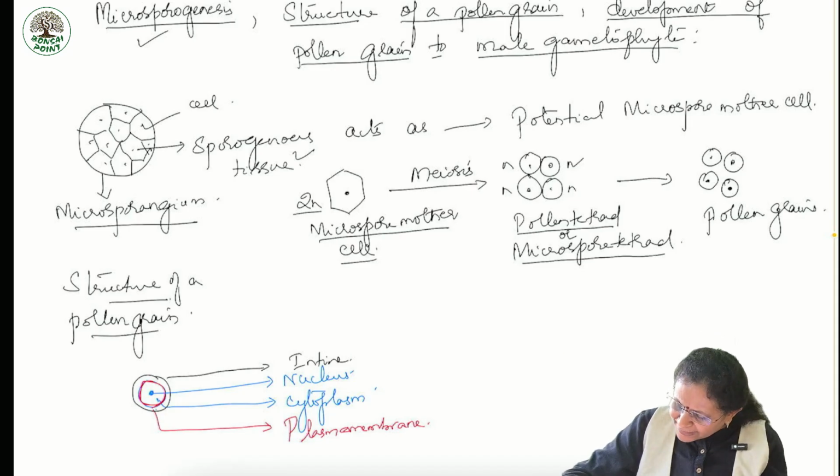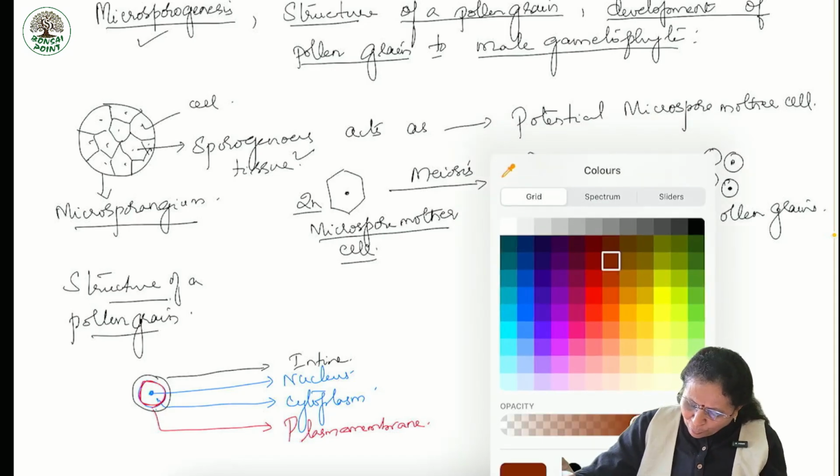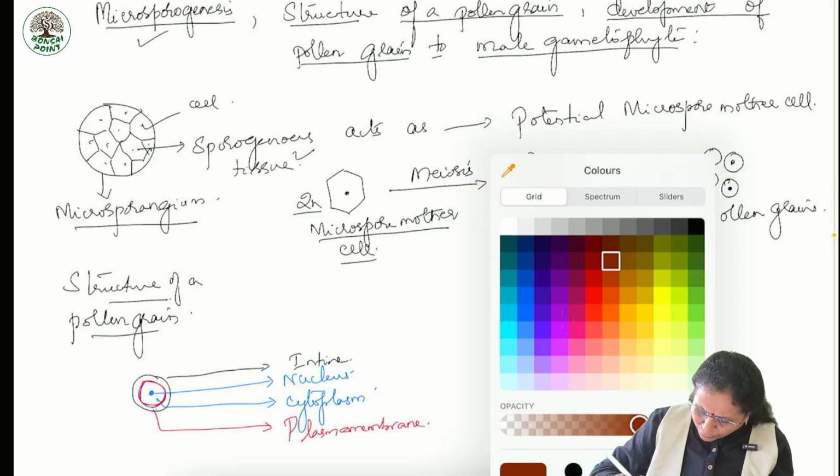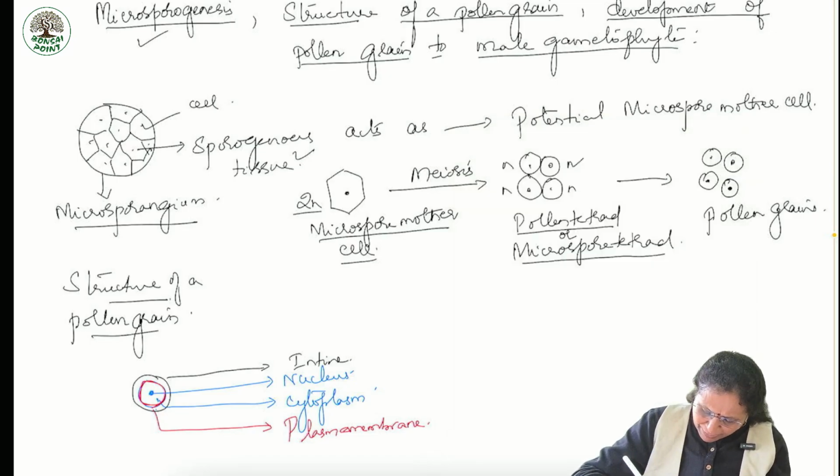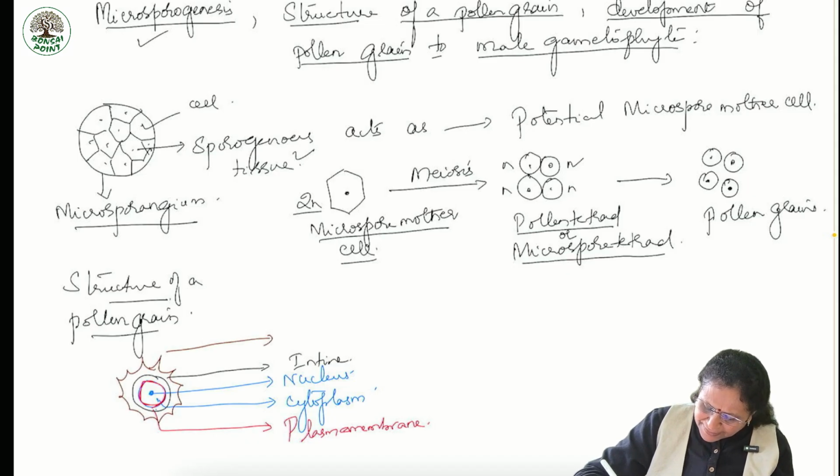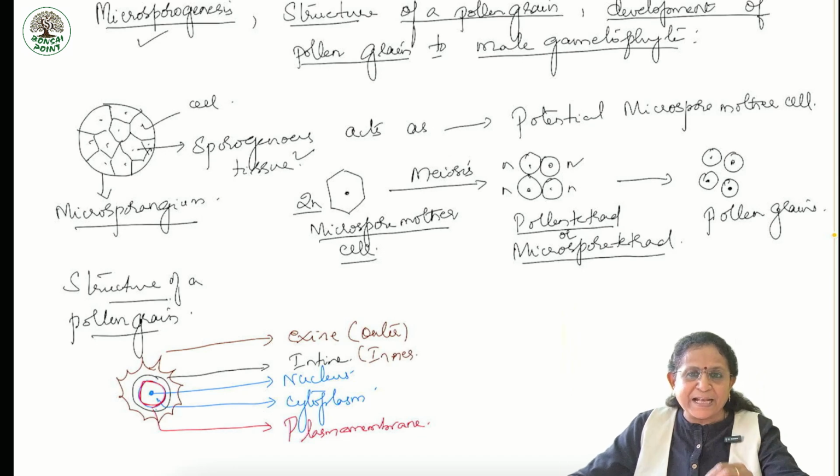What about the next layer? Followed by this, or outer to the inner layer, is a layer which is called exine. So this layer is said to be exine. This is the outer layer, this is the inner layer, and the 2 together form a covering for the pollen grain.